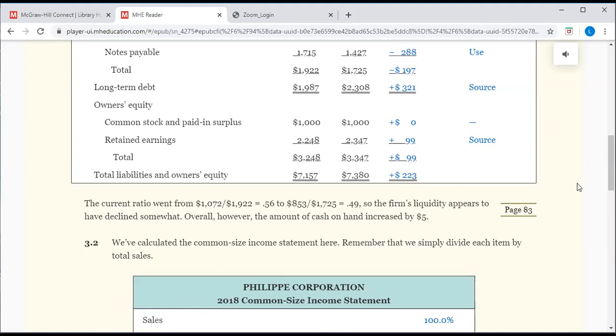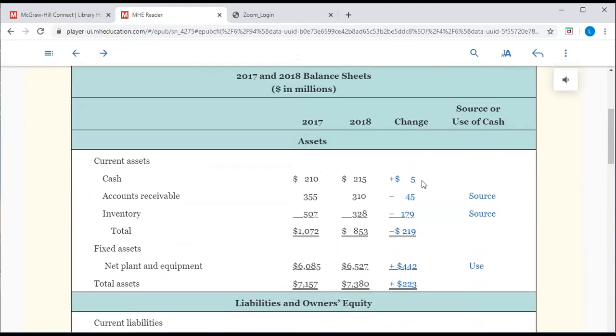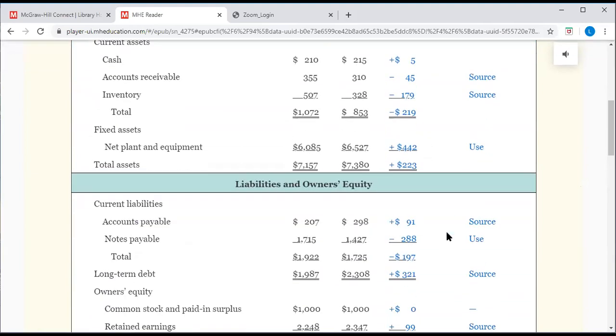However, the amount of cash on hand did increase by 5. So is it more liquid? Well, if the current ratio decreases, we'd have to look at the quick ratio to really determine if it increased or decreased. So we can do that.